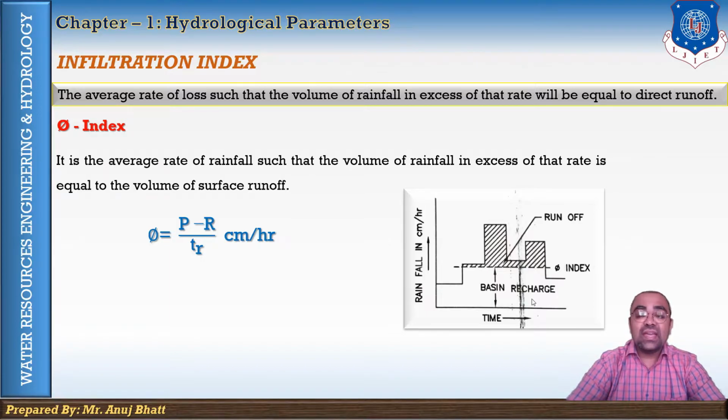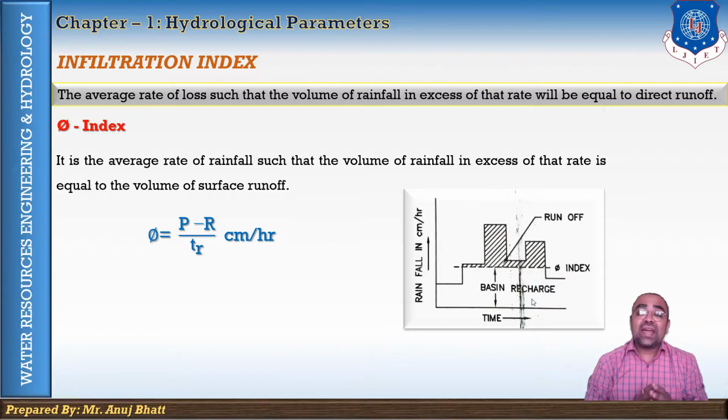If the shaded area is not equal to the volume of measured surface runoff, the horizontal line is shifted upward or downward until this condition is satisfied. Therefore, the determination of the phi index needs a few trials.